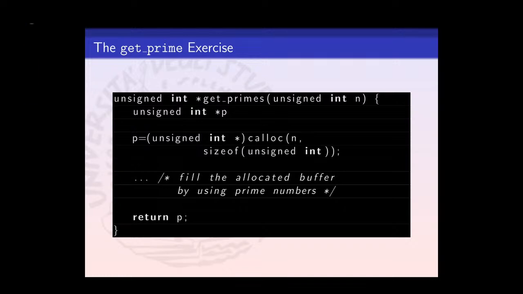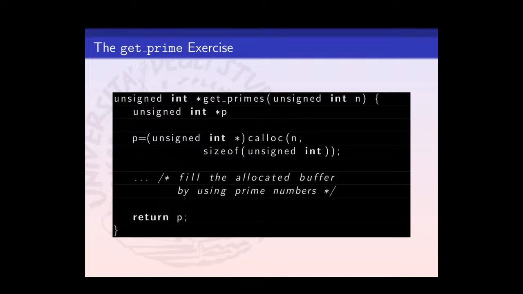Just after the typecast we have a calloc call. The calloc function is meant to reserve the space for an array of a given number of cells. In particular, the first parameter of the calloc function is the number of cells of the array we want to reserve.